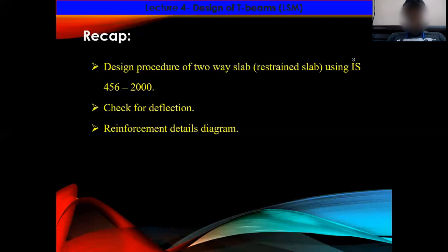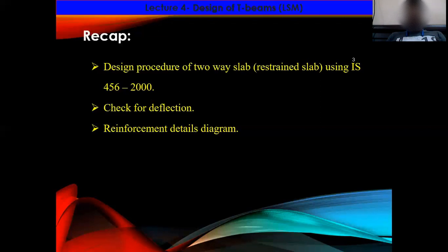Based upon that we calculated the allowable L effective by D ratio and we applied the modification factor. Then we calculated the actual L effective by D ratio and we got the actual L effective by D ratio less than the allowable L effective by D ratio. That is okay. Then we checked for shear also. After that, we prepared the reinforcement details.